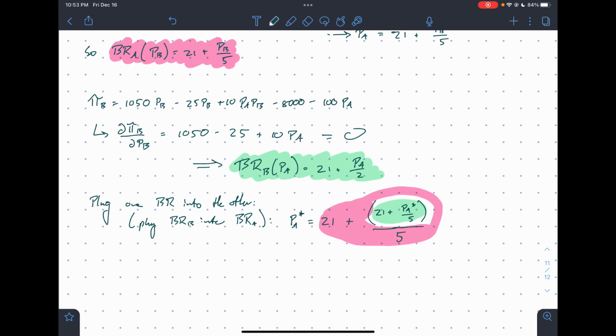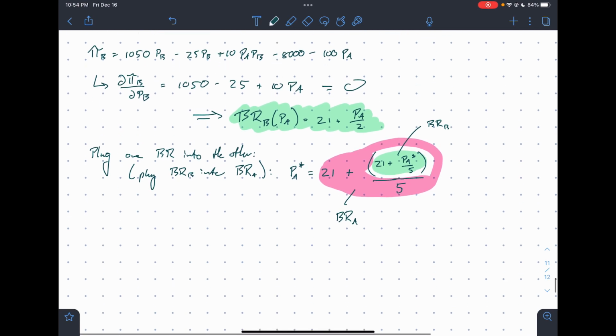I don't know if it's helpful for me to illustrate it like this, but this is the best response of A. This is the best response of B. Okay, so I'm just going to solve this for PA star.